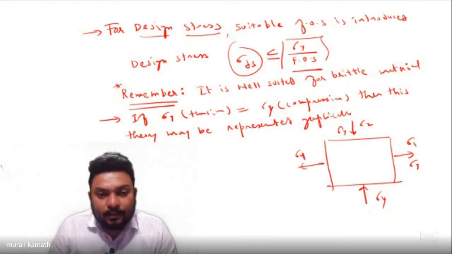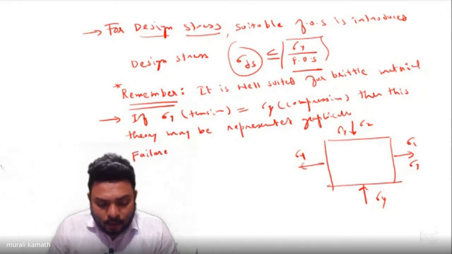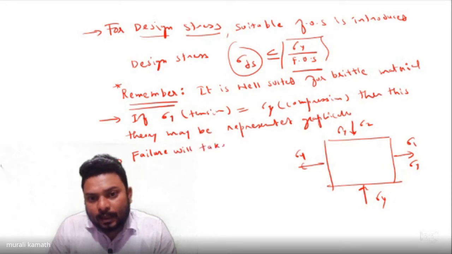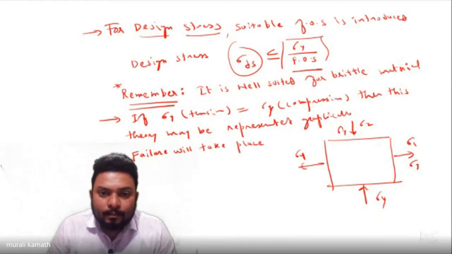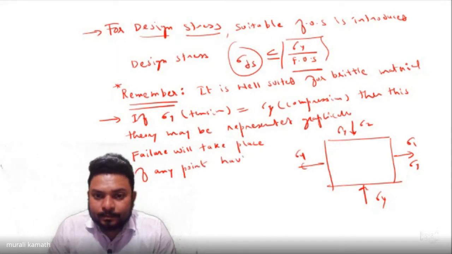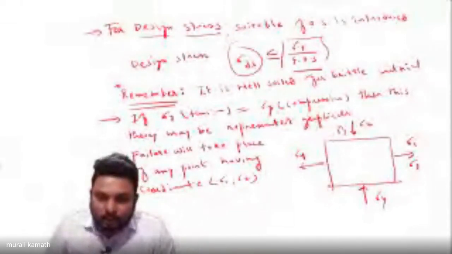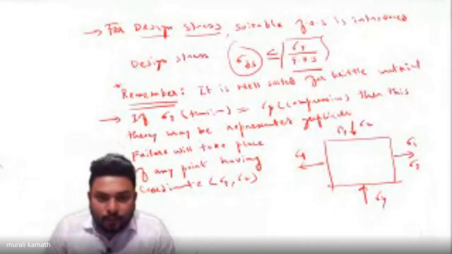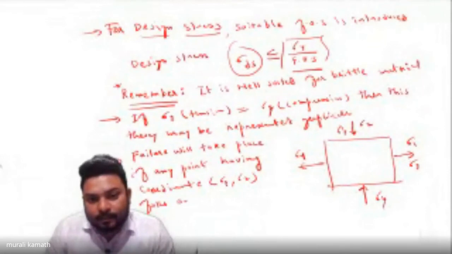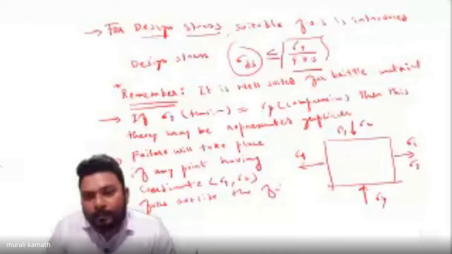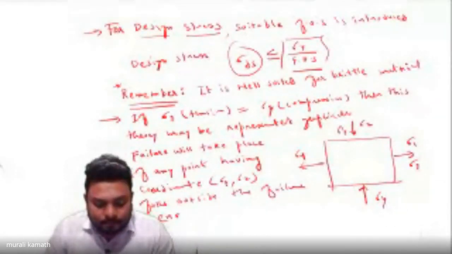One more point over here: failure will take place if any point having coordinate sigma 1, sigma 2 in the system falls outside the failure envelope, or you can say plane also.